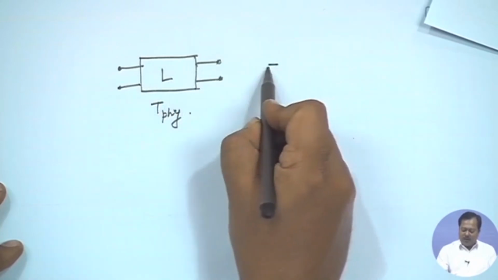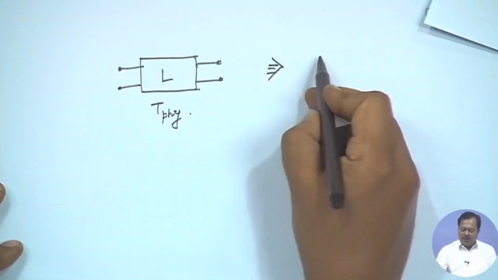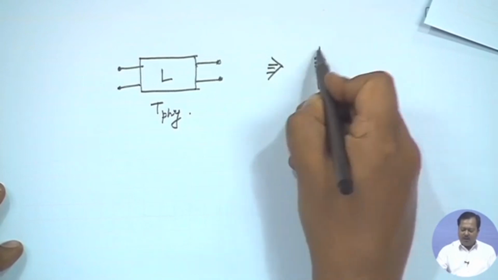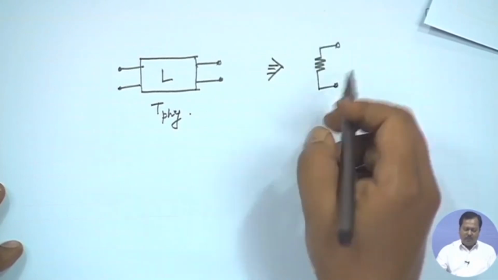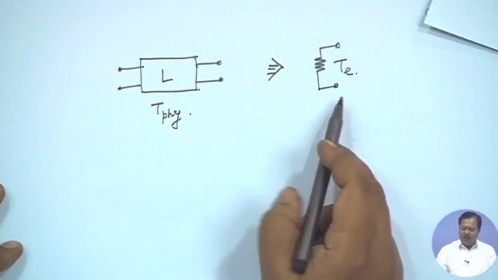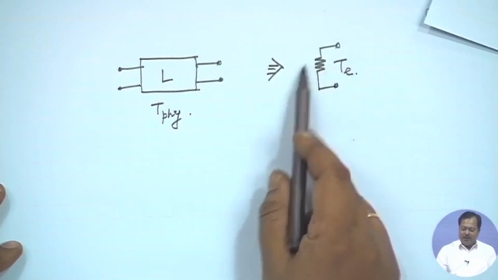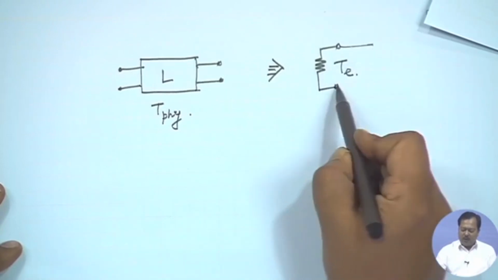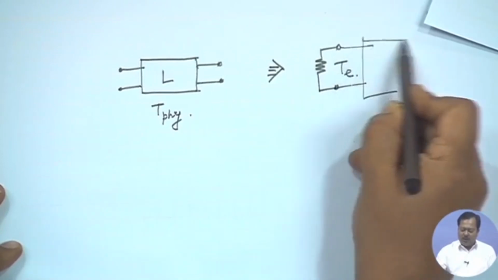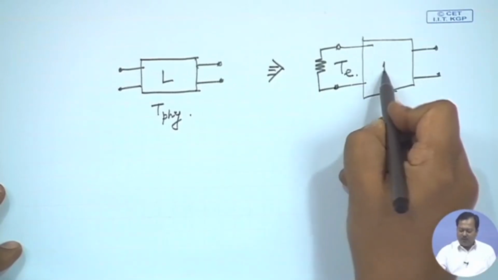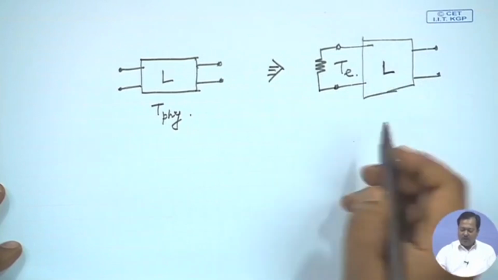So that means we can represent this two port network by an equivalent resistor at some equivalent temperature Te. It will give the equivalent noise temperature, which we will place on the left hand side of this two port network.